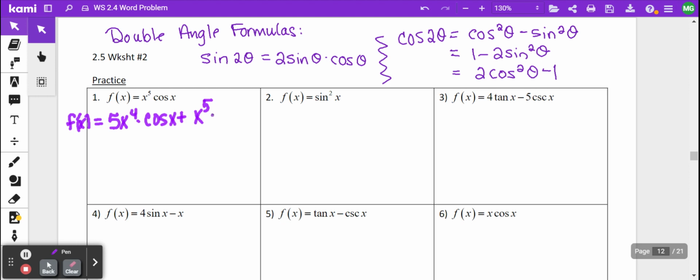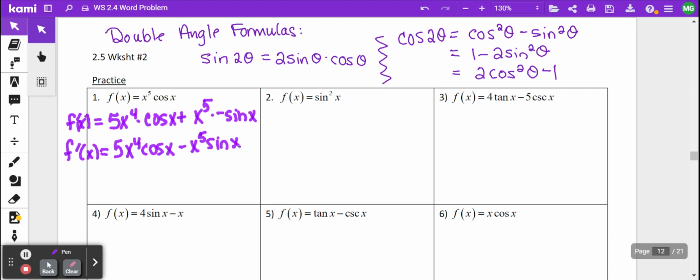And if you notice on your formula sheet, on the first column, fourth one down, it says the derivative of cosine is negative sine of x. Not too bad. All we have to do is simplify this. So we get 5x to the fourth cosine x minus x to the fifth sine of x. And we're done.